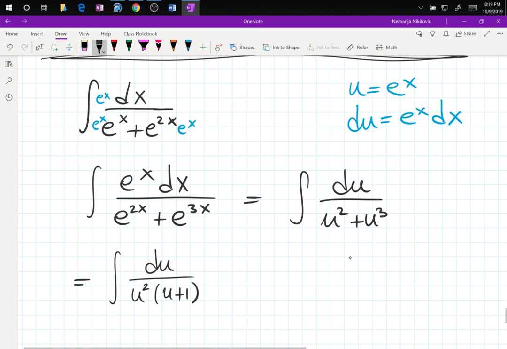Yeah, and they just did it in a different way. So now your u's are actually x's. I mean, x's are u's, whatever. You know what I mean. You just go from there.